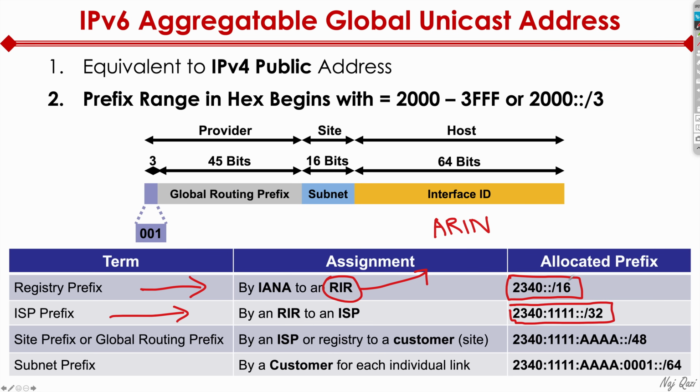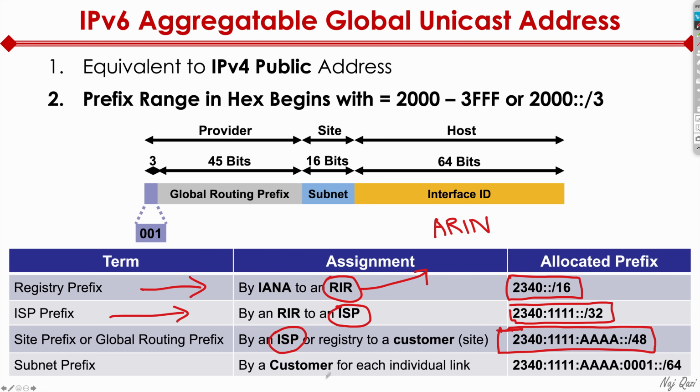So the top block was /16. Then ARIN might assign, let's say, AT&T or Verizon or Comcast or whoever a /32. And then the ISP will take that chunk and allocate a /48 block to the customer.